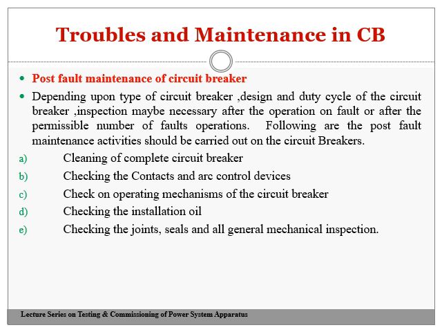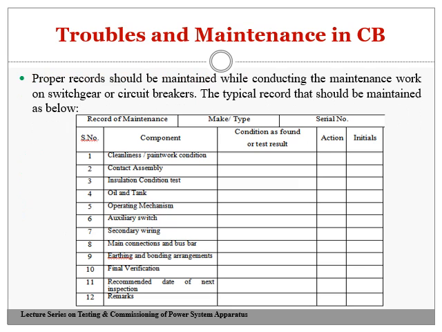The following post-fault maintenance activities should be carried out on the circuit breakers: cleaning of the complete breaker, checking the contacts and the arc control devices, checking the operating mechanisms of the circuit breaker, checking the insulating oil, checking the joints, seals, and all the general mechanical inspections.